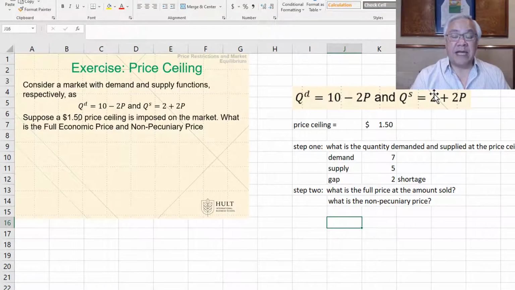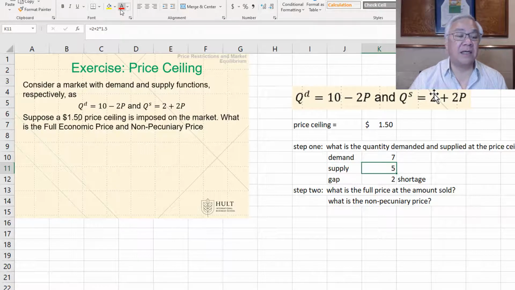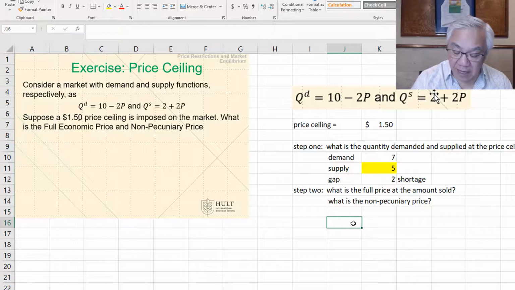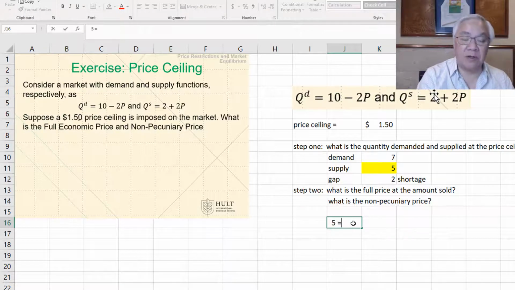So first thing we'll do is calculate what is the full price at the amount that was actually sold. The amount that was actually sold was here. This was the amount that cleared because that's what we had. So this is a quantity which is 5, and that equals 10 minus 2 times the full price.